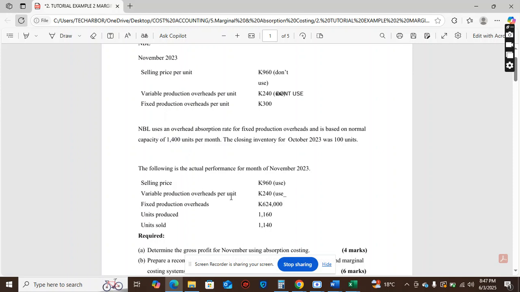If we produced more units, let's say 1,500, since we've produced more than what we budgeted for, we expect to over absorb, because our overhead absorption rate is based on this capacity of 1,400. So any amount less than 1,400, you expect under absorption, and any amount over 1,400, expect over absorption.